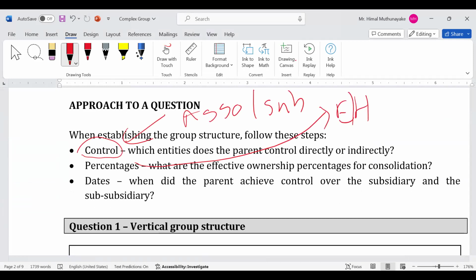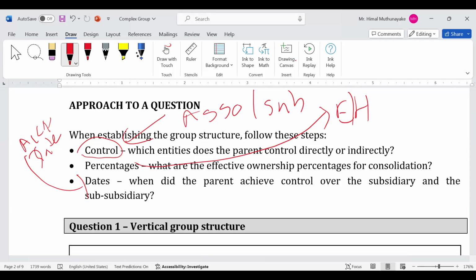And the next one is the acquisition date. So these three things you need to look at when you are approaching a complex group question: first, whether the company is an associate or subsidiary; second, the effective holding; third, the acquisition date.